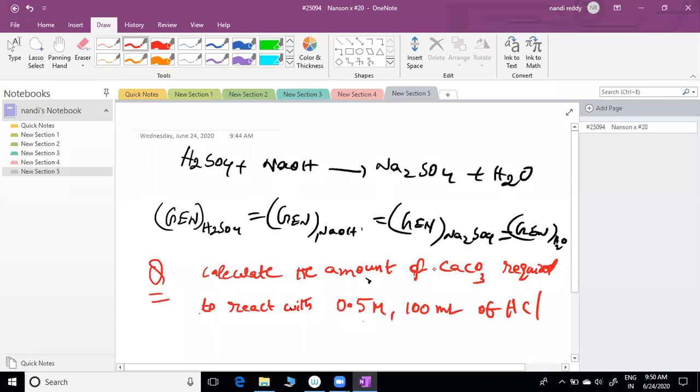Did you understand? Calcium carbonate is of basic character. Even though it is a salt, that basic character can react with HCl. Then both react with each other. You will get calcium chloride and H2CO3. But how much calcium carbonate reacts with the given HCl? That is the question. So how can you do this question?